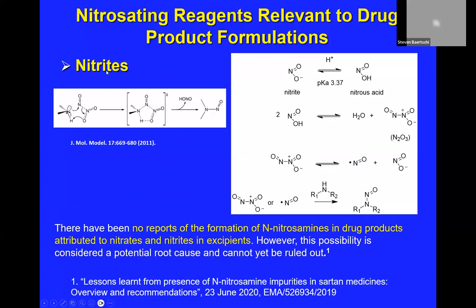Thinking about nitrites and why nitrites are an important consideration, let's think about the nitrosation reaction. So nitrite itself is not a nitrosating compound, but once it's protonated and it has a pKa around 3.37, 3.4, it varies depending on the reference you check, you get nitrous acid.